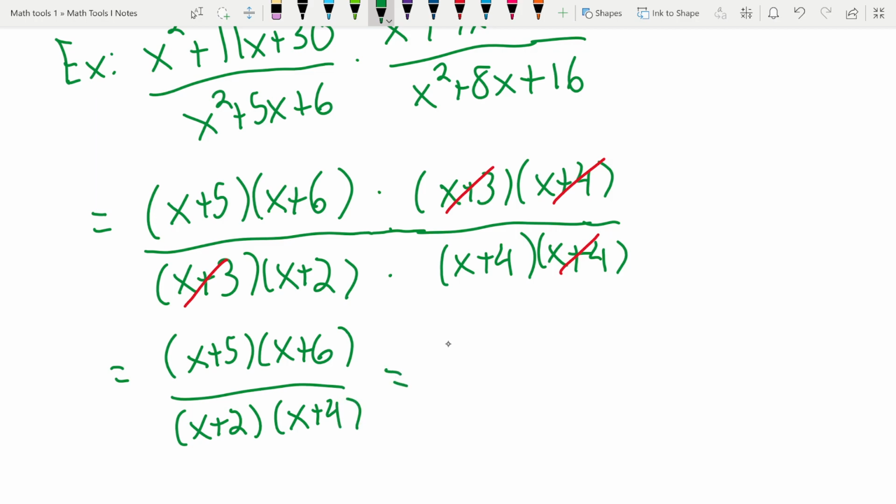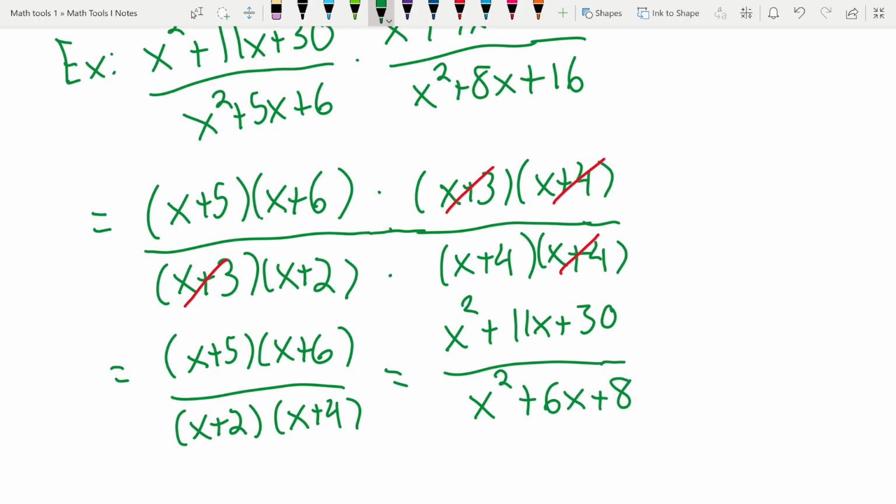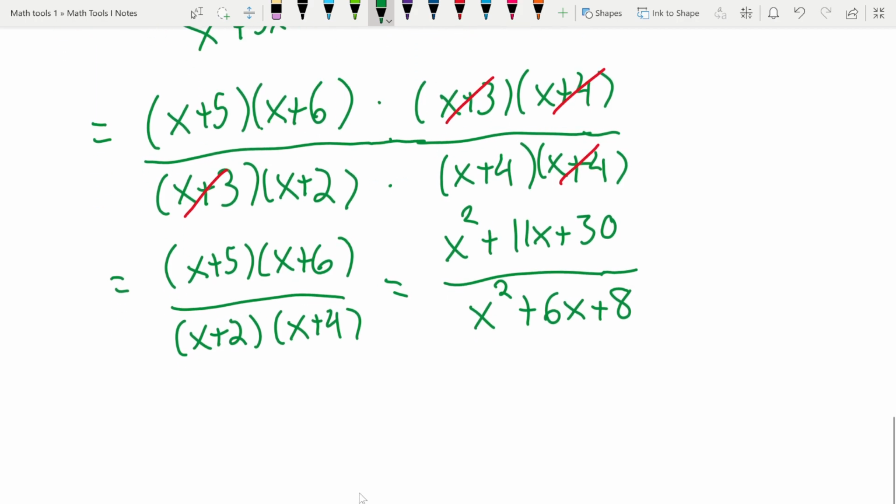So again, you can leave it like that, or if you want to multiply it out, you got x squared plus 11x plus 30, which is actually just that first factor, right? That second one just completely canceled. And then x squared plus 6x plus 8. Okay. And that would be our final answer.